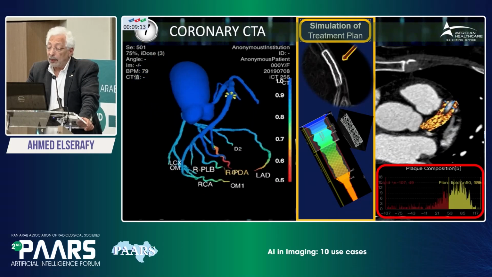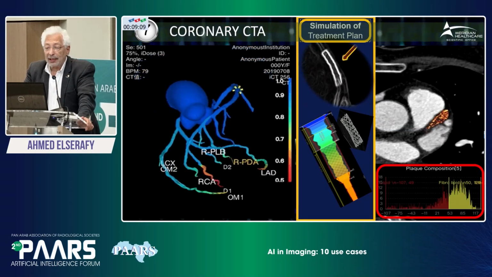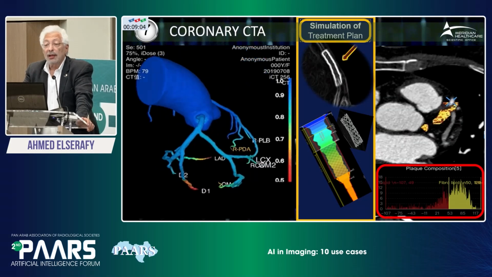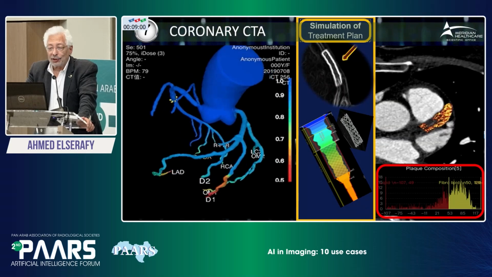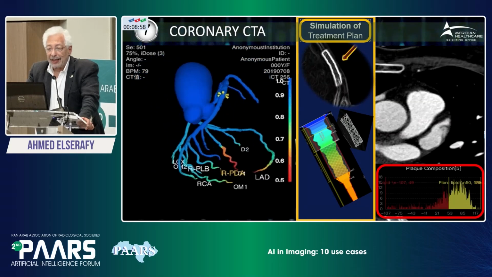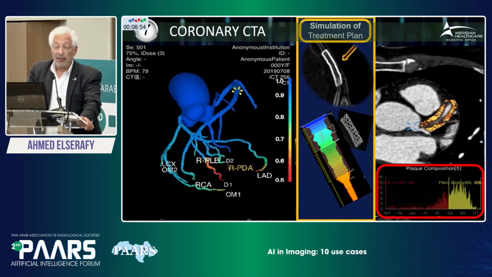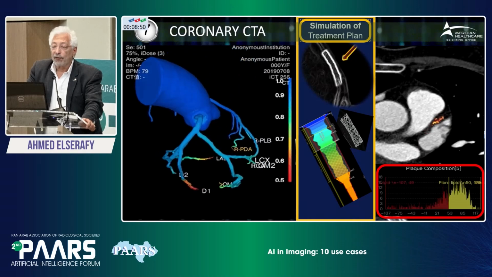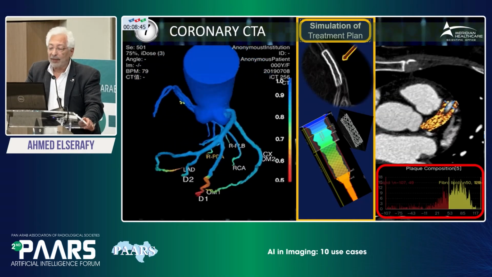That simulation is valuable because it would show you the best stent for that stenosis, because it will show you the change in the fractional flow even before you touch your patient. So you could design your procedure. Are you going to use a long stent or maybe a short and wide stent, maybe two stents in a row? You can design all that virtually before you embark on deploying your stent in that patient. That is invaluable.